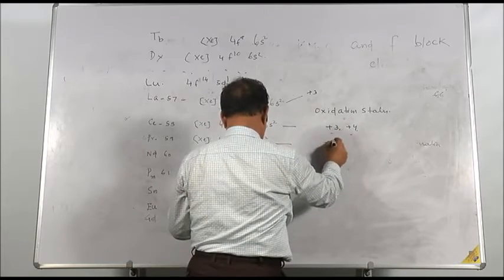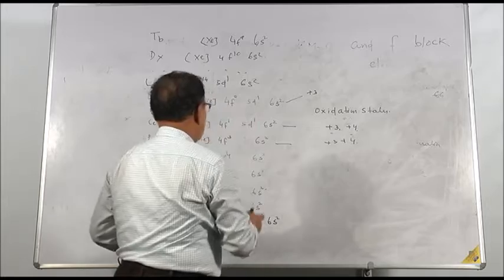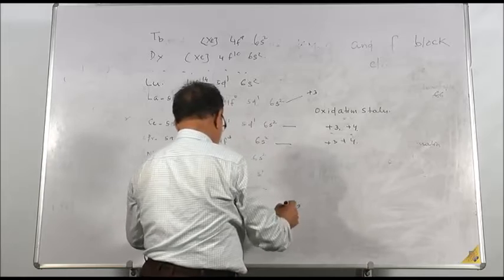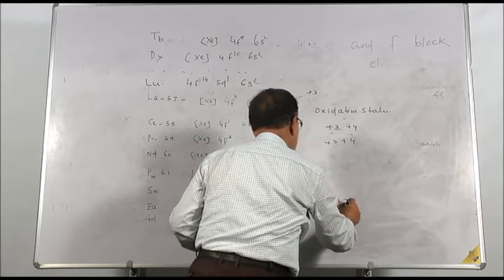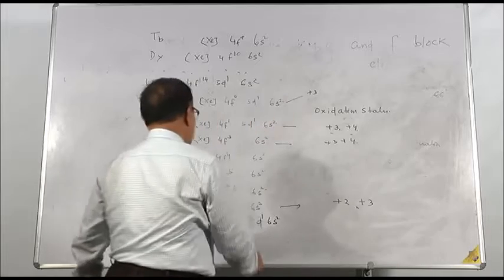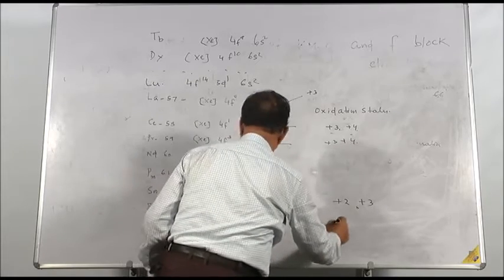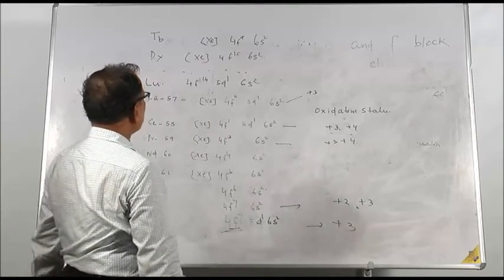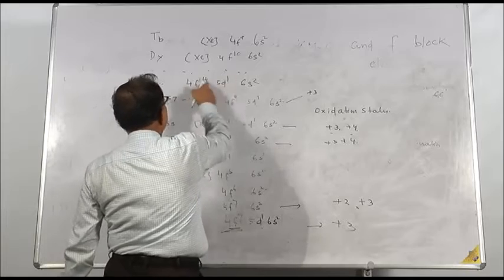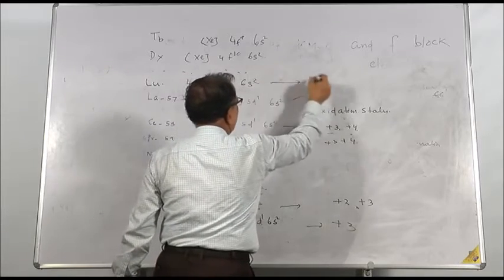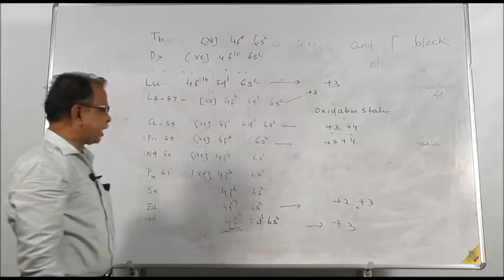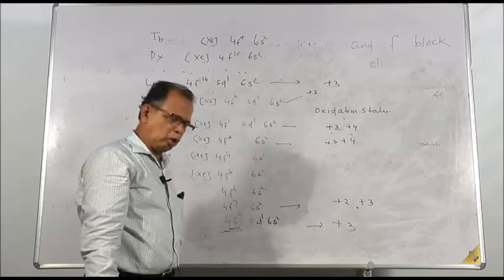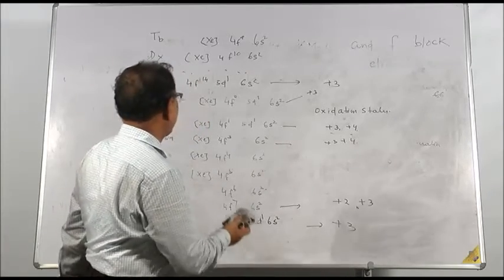Main point, Eu is half filled, it exhibits +2 and +3, and +3 because its configuration is 4f7. Last one, 4f14, its stable state is +3. So the common oxidation state is +3. Out of these, some exhibit +2 and some +4 also. This is the common oxidation state of lanthanides.